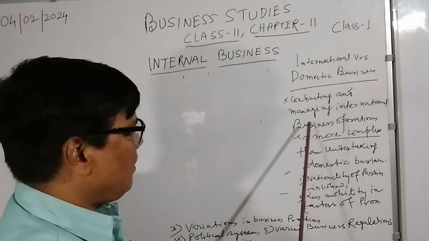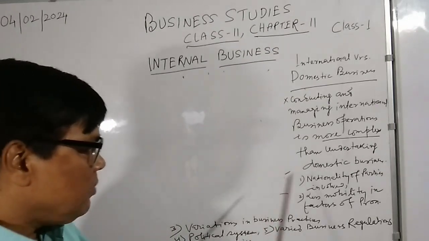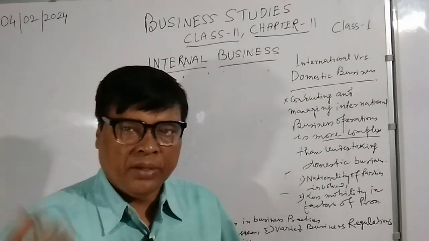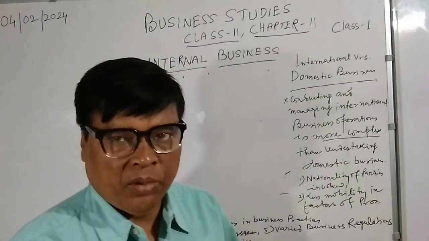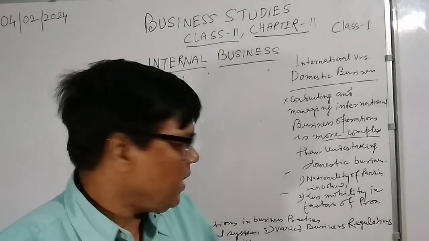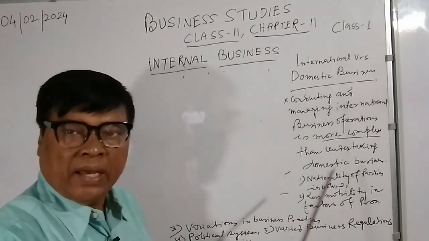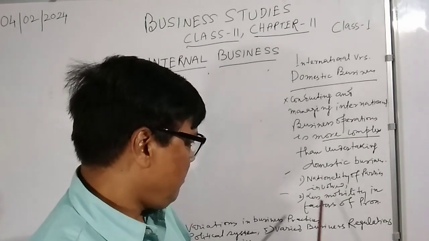Conducting and managing international business operations is definitely more complex than undertaking domestic business. In your home country, you know your people, their culture, their taste, all those things. So it is a little easier in your home trade than in international business.